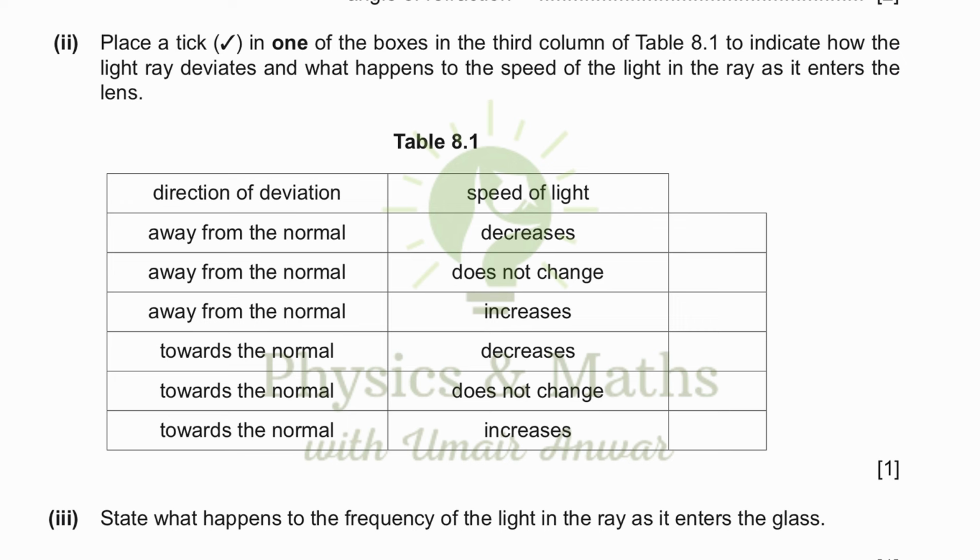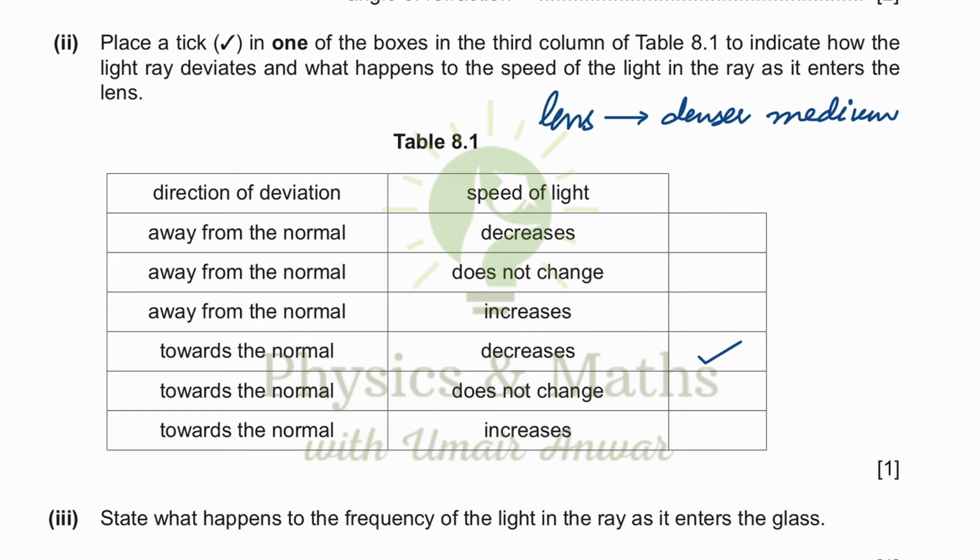Since it is entering a denser medium, the lens is an optically denser medium, so the speed is going to decrease and it would bend towards the normal. Now with this we have three options: speed decreases, does not change, increases. So the speed is going to decrease, so we are going to place a tick over here. Speed of light is going to decrease because it has entered into a denser medium and it would bend towards the normal.